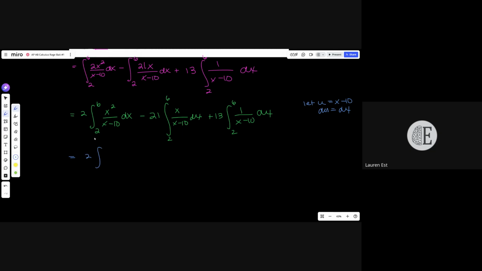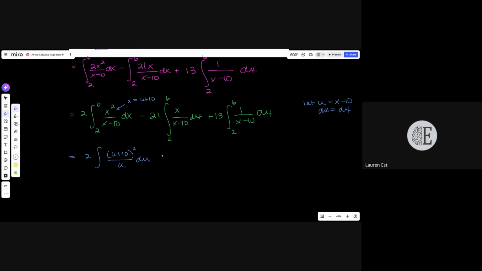So if this is the case, at this phase, I could say that if u is equal to x minus 10, x is equal to u plus 10. So I can write this as u plus 10 quantity squared all over u du, right?